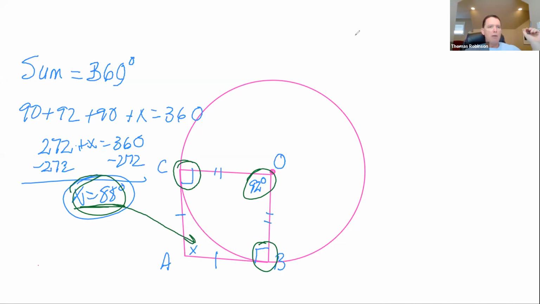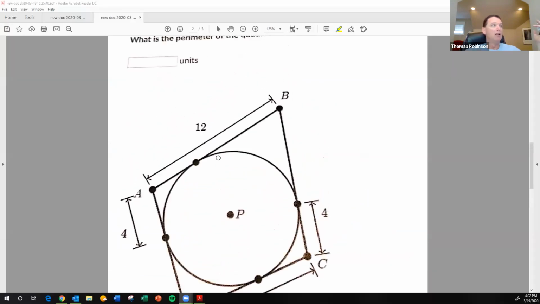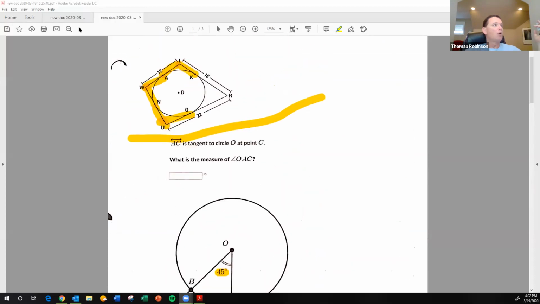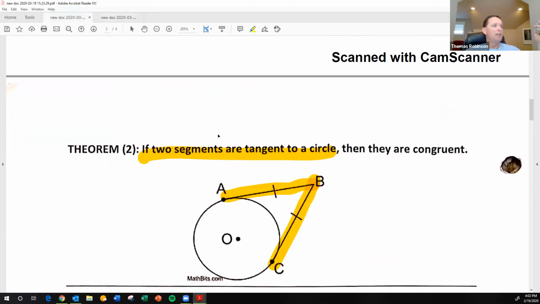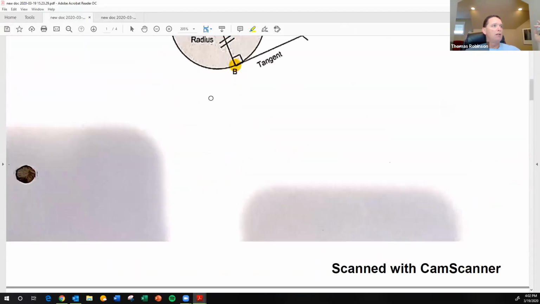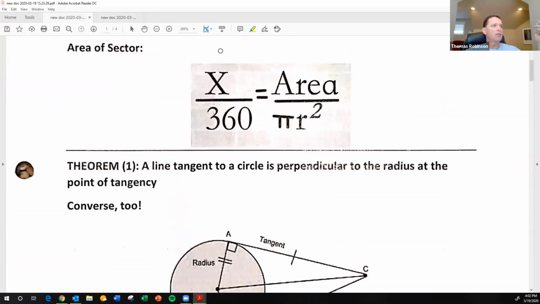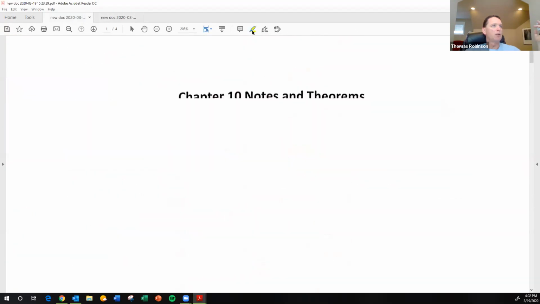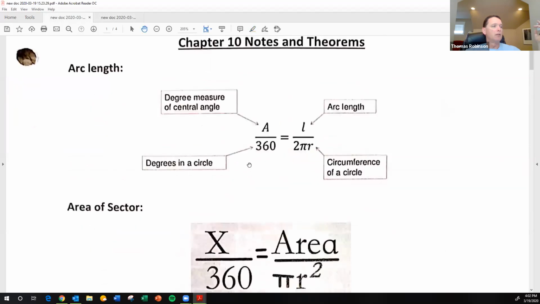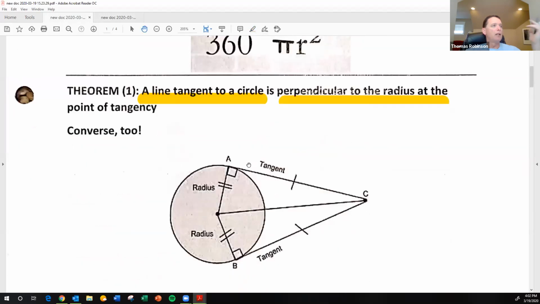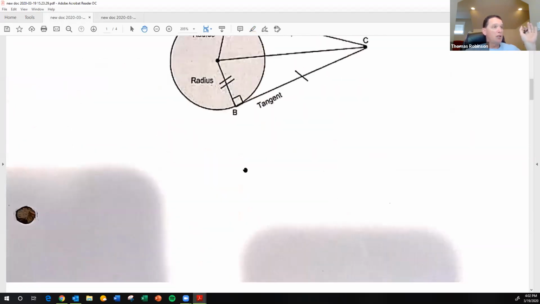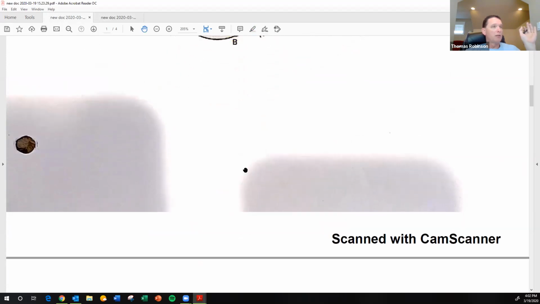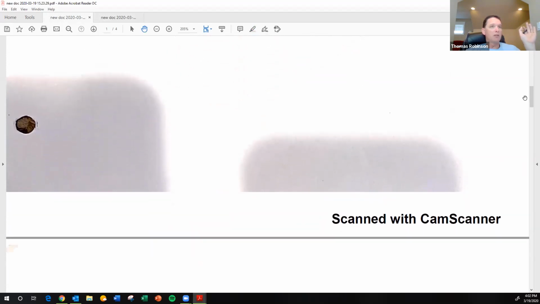So let me just shoot back real quick at our three theorems that we had and make sure that you have a grasp on them, and then that'll be that. The first theorem of the day was this one: a line tangent to a circle.